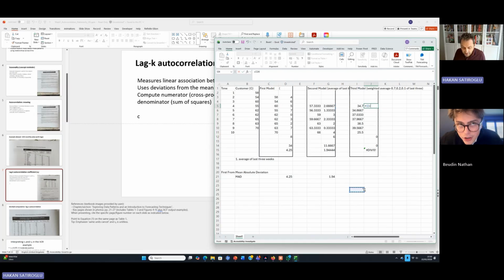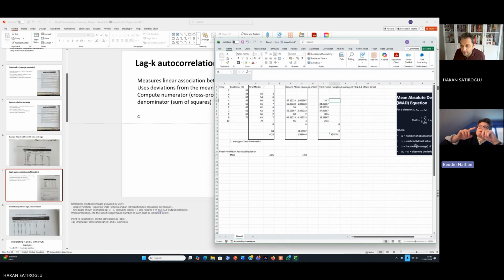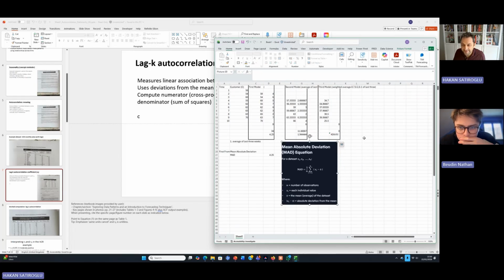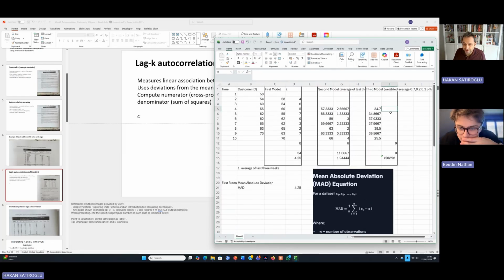Let me zoom out, then come back. x minus this one. Wait, so it's subtracting from the original actual value each time? Yes, because we are testing this model with past data. So you're trying to see the real value minus the estimate, the difference.